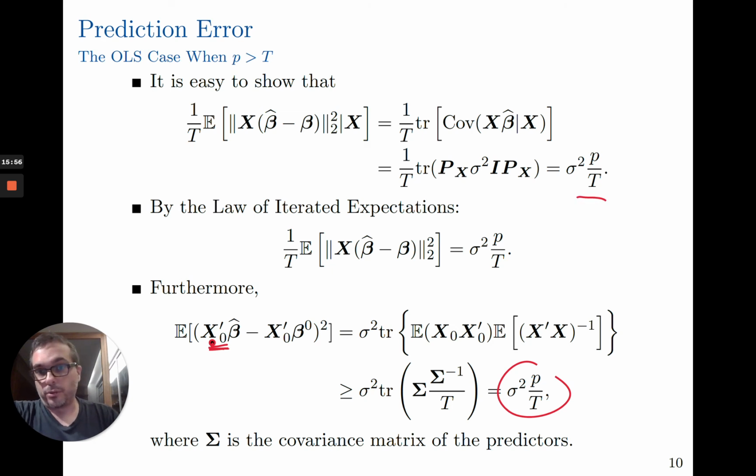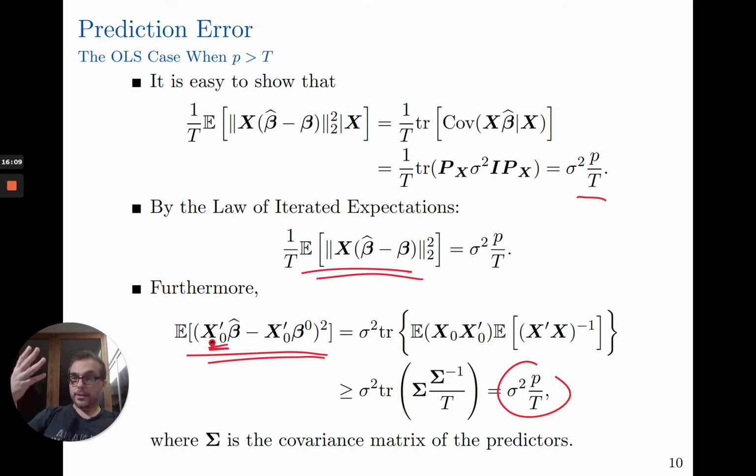So we show that the out-of-sample prediction error will have a larger L2 norm than the in-sample prediction error. So the out-of-sample risk is greater than or equal to the in-sample risk.